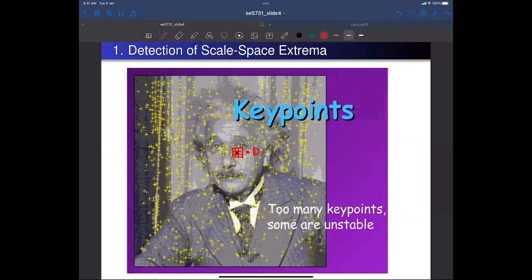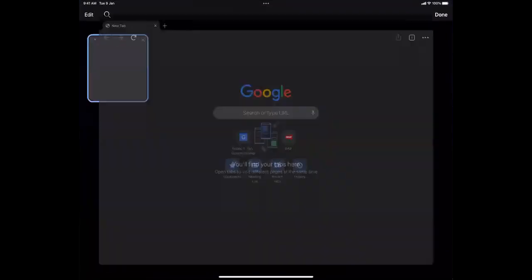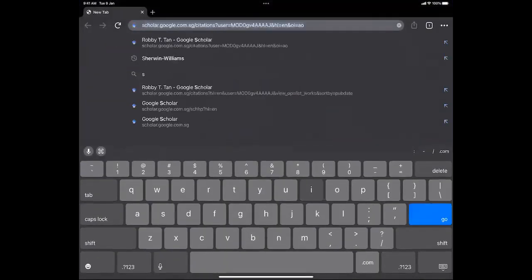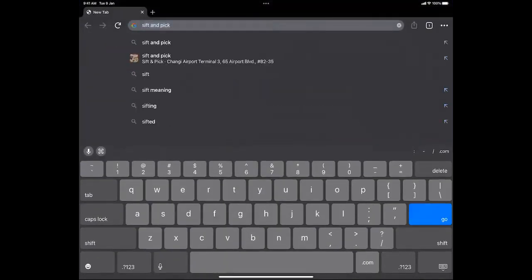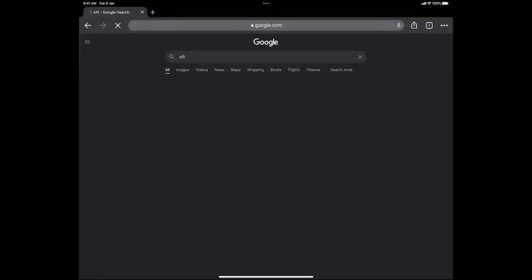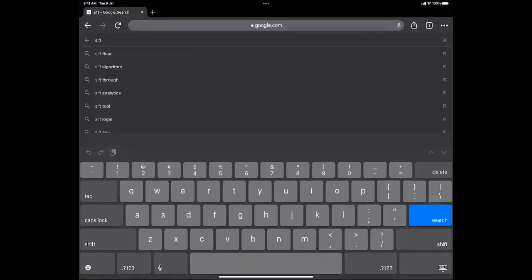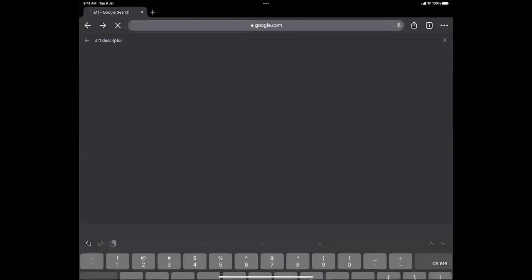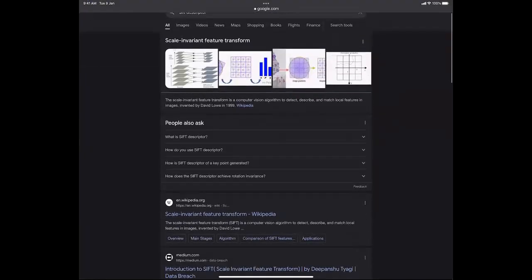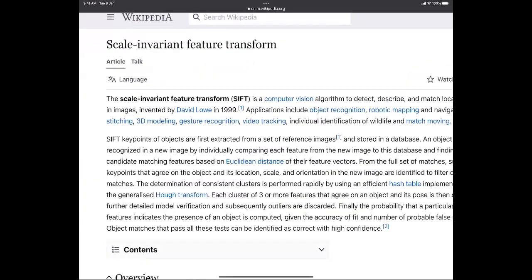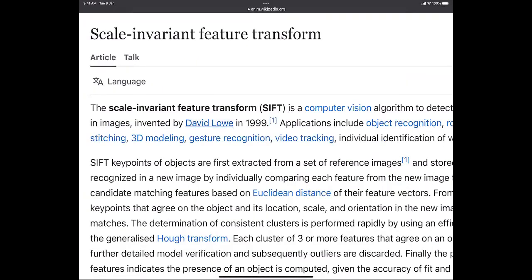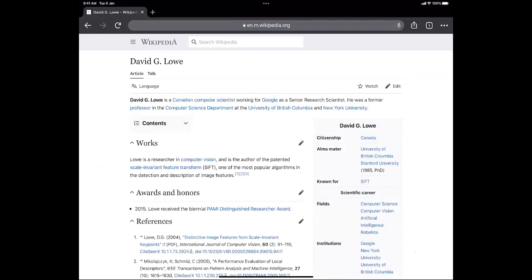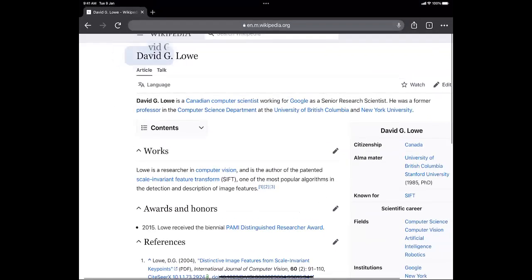So if you look up SIFT descriptor, this was invented by this guy, David Lowe. Blame this guy for making things complicated.